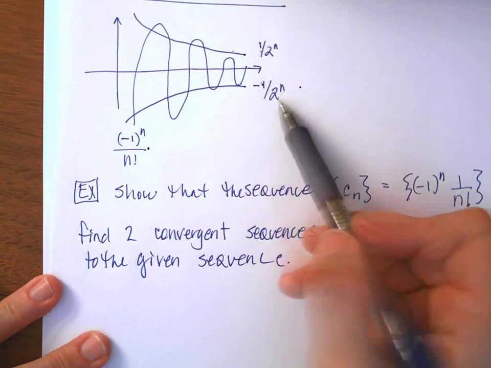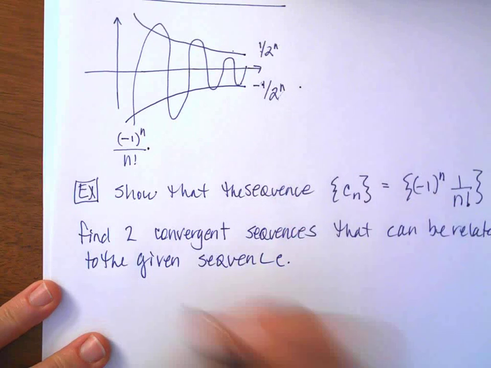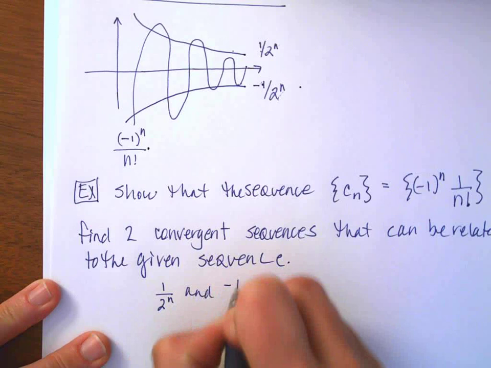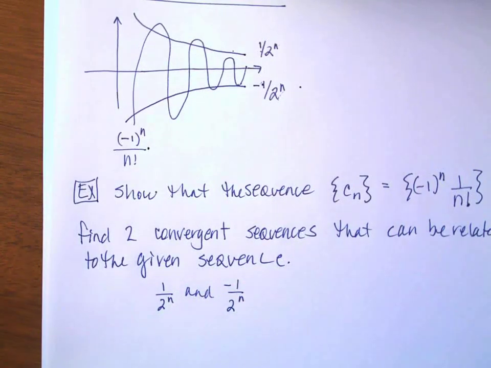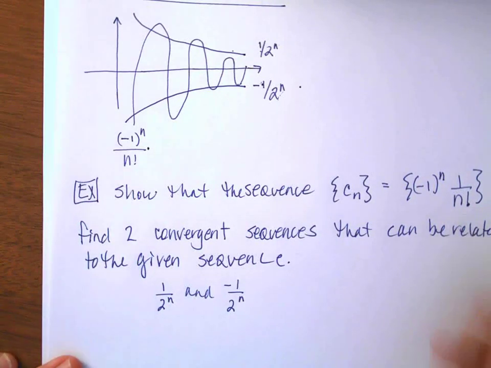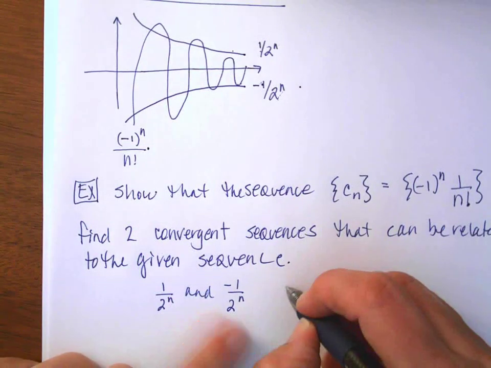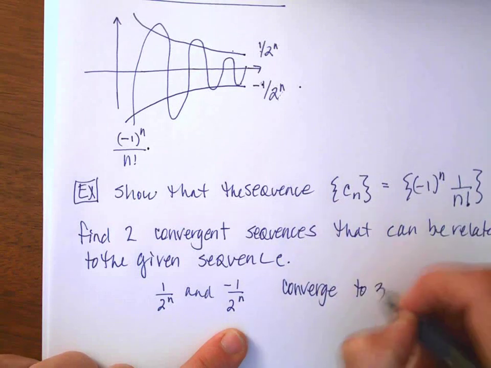All right, so since we already have these two in our diagram, the two sequences that we're going to use are 1 over 2 to the n and negative 1 over 2 to the n. And we're going to show that they squeeze this, and therefore they have the same convergence. Alrighty, so we've already talked about both of these are going to converge to 0.